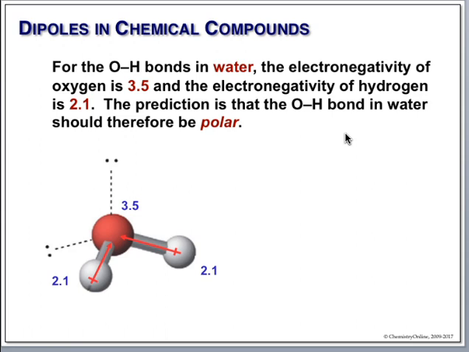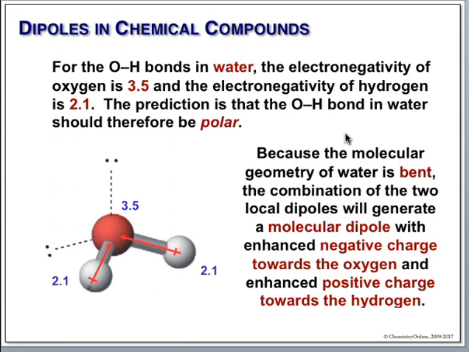Each of these bonds is polarized. Now that means that the hydrogens are going to be electron deficient or positive, and the oxygen is going to be negative. We have a dipole moment that looks something like this. This whole end of the molecule is positive, and this whole end is negative.